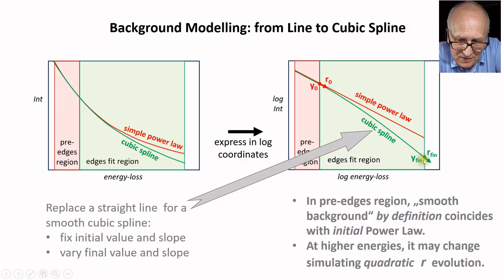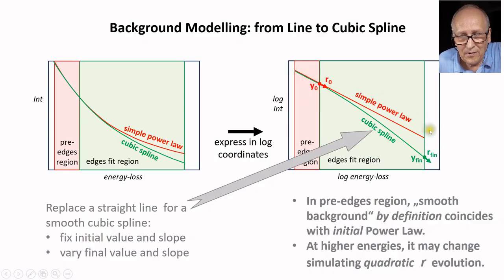Replace it with a cubic polynomial, and we have to restrict the cubic polynomial at the ending points, so it's probably better to call it a cubic spline. According to our approach, this spline should be exactly the same as the straight line in the pre-edge region.